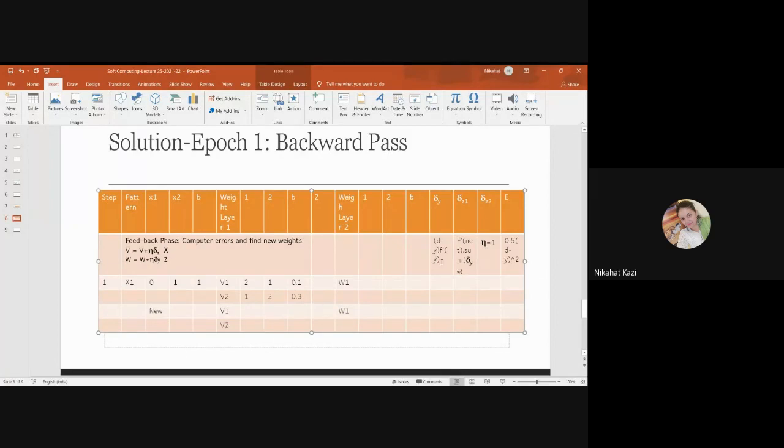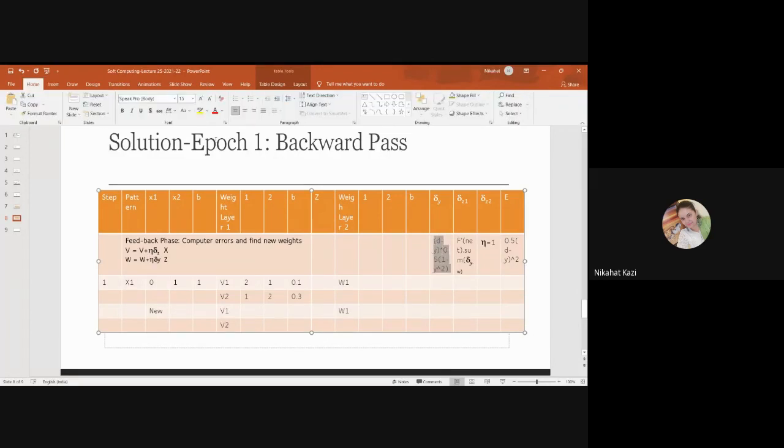So I will write it as d minus y into half times 1 minus y squared. Correct? This is clear?